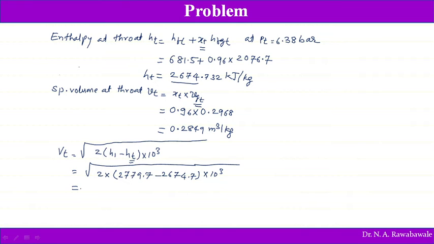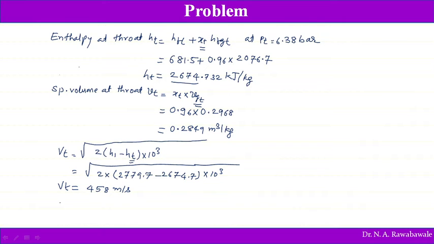Velocity at throat works out to be 458 meters per second.